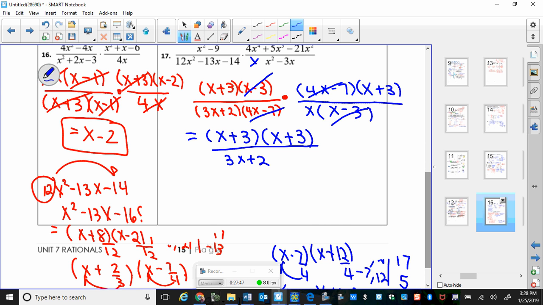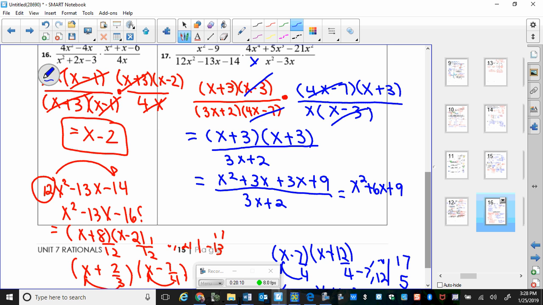And if I multiply the two polynomials, I get x squared plus 3x plus 3x plus 9 divided by 3x plus 2. You simplify further, you get x squared plus 6x plus 9 divided by 3x plus 2, and that's your final answer. Okay?